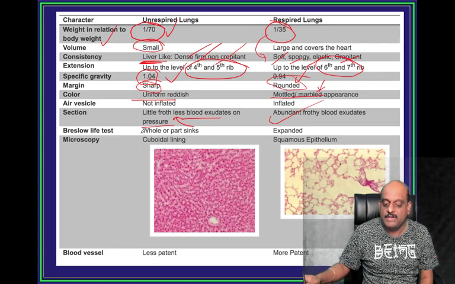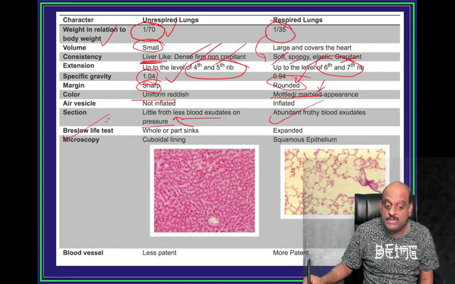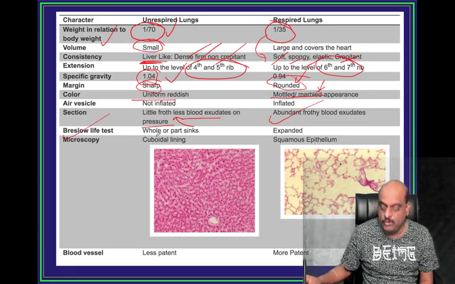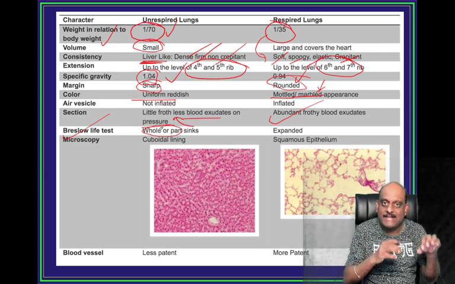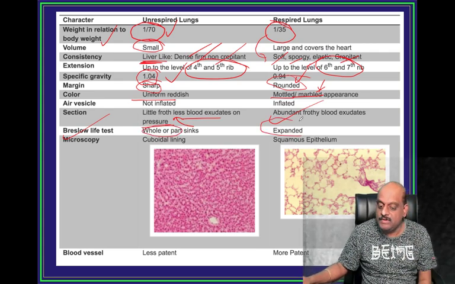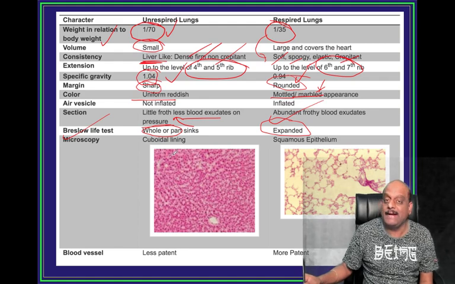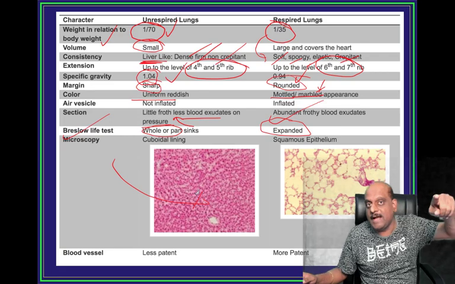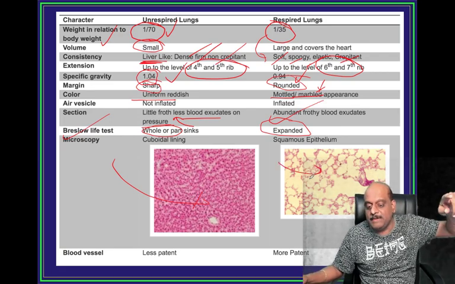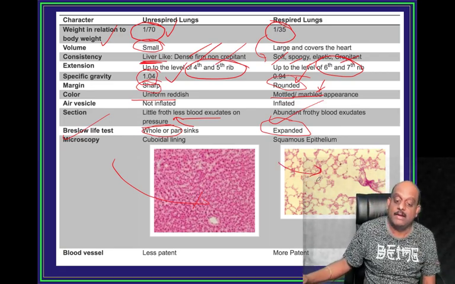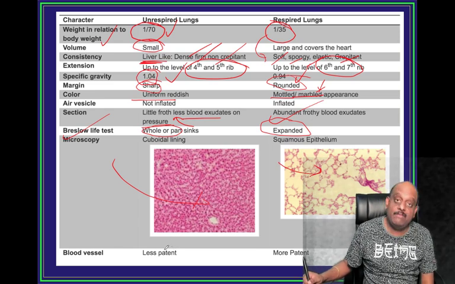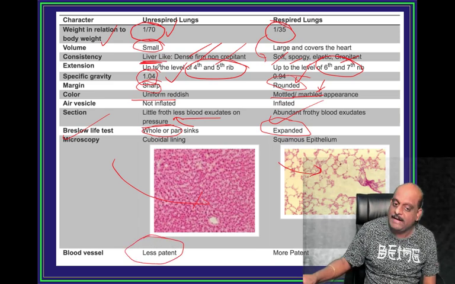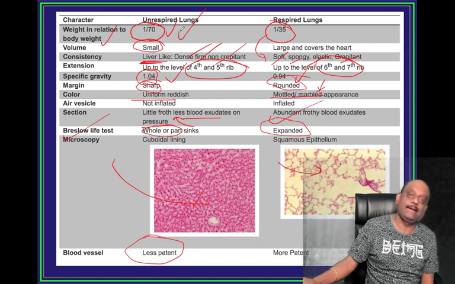That is a classical feature. In Breslau's life test, the whole lung or a part will sink if unrespired, whereas respired lungs are expanded. Microscopically, there is a cuboidal lining if unrespired, squamous epithelium if respired, and blood vessels are less patent if unrespired.